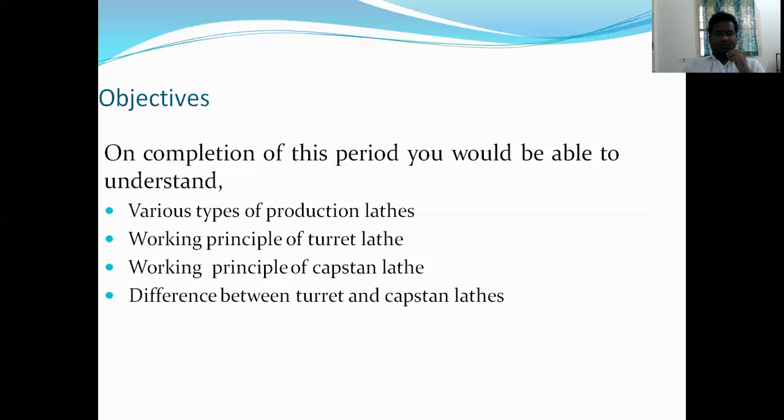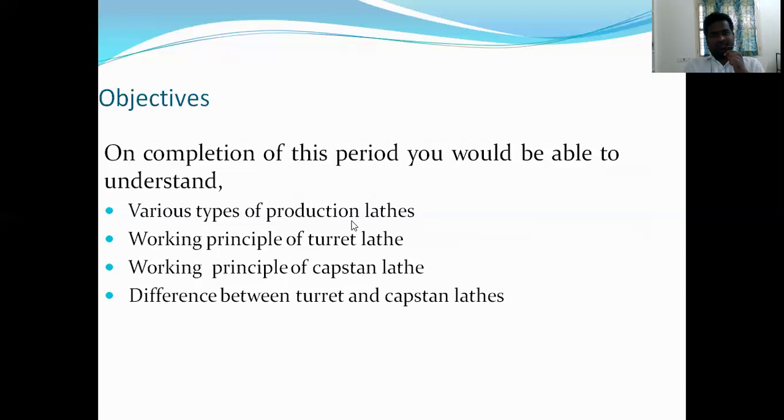So now we are going to learn these types of lathes elaborately, right? Here you can observe the various types of production lathes. Up to now we have discussed the bench lathe or engine lathe, right? But now we are going to discuss the production lathes.